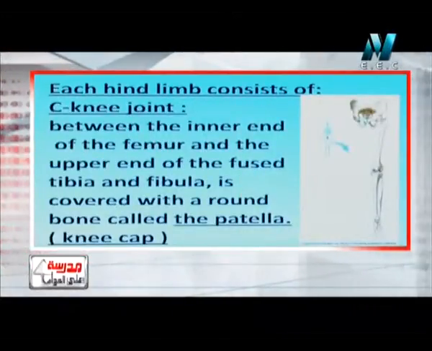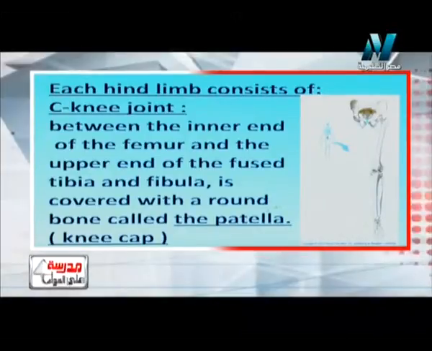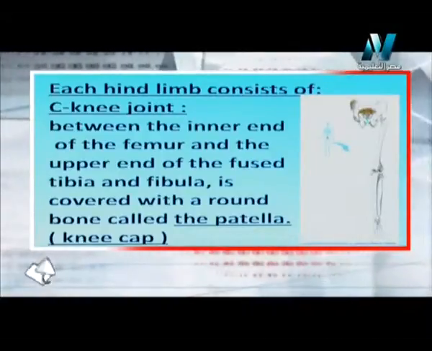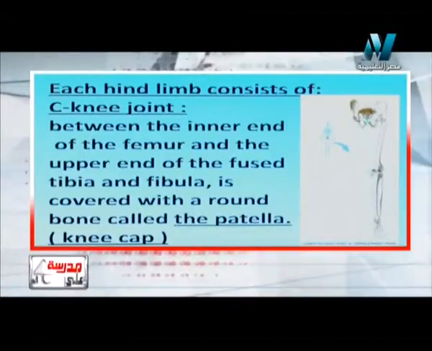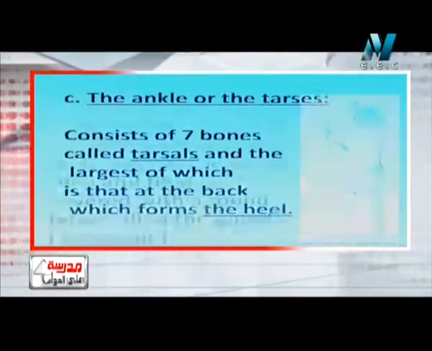The knee joint between the lower end of the femur and the upper end of the tibia and fibula is covered with a round bone which is called the patella. This is the patella.